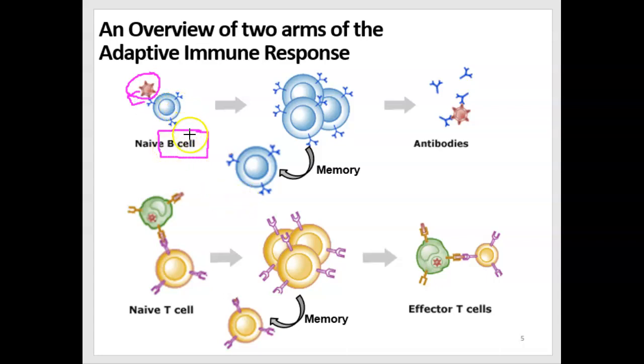That activates this B cell, and the B cell starts dividing, and it makes clones that are identical to itself. So now you have a whole host of B cells, B lymphocytes, that are able to respond to more viral particles that are identical.